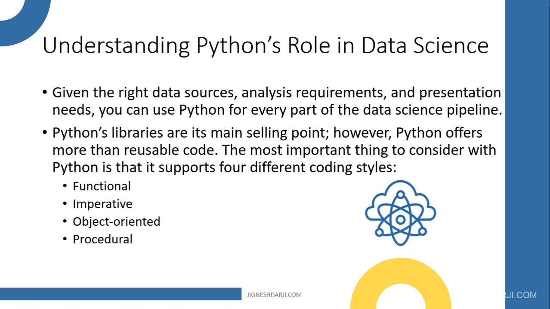However, this is a useful coding style for complex applications because it supports encapsulation and polymorphism. This coding style also favors code reuse, and we can use inheritance and all this functionality in Python as well. So this style is also useful when we are implementing data science logic in Python.